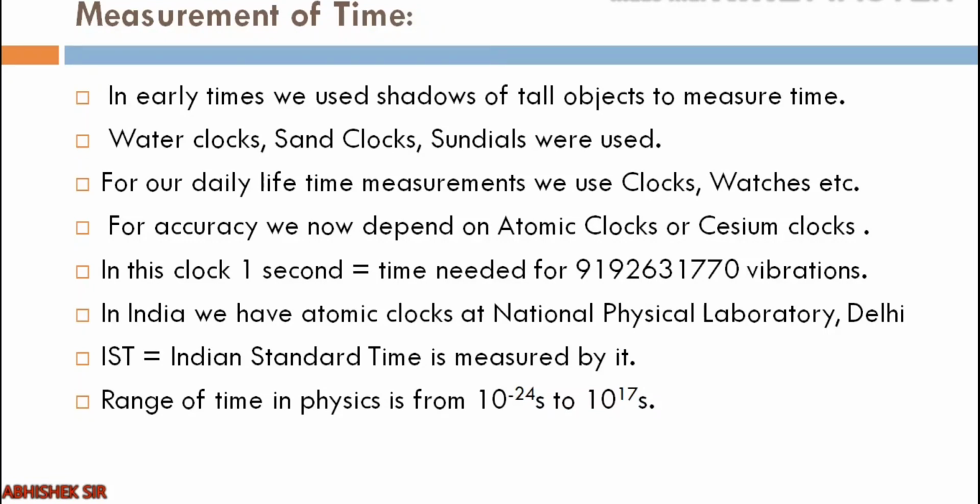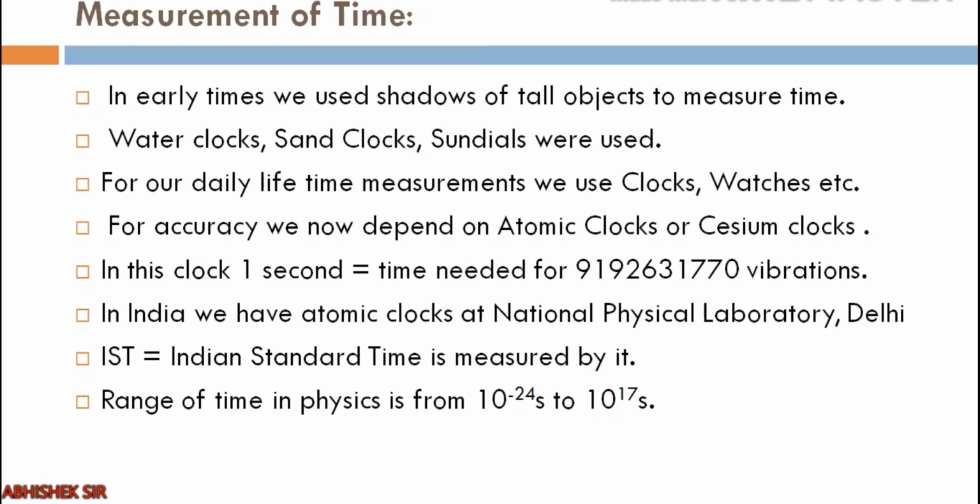Now whenever you see a big clock, you may find a small word quartz, right? Now quartz is a very important word in measurement of time, because you must always wonder how the second hand or the minute hand or the hour hand moves. Okay, most important, how the second hand moves, right?